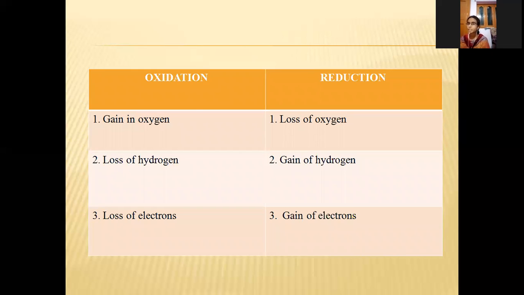So let's see the difference between oxidation and reduction. The first differentiation is gain of oxygen and loss of oxygen. In oxidation, oxygen is gained; in reduction, oxygen is lost. Next, loss of hydrogen in oxidation, gain of hydrogen in reduction.